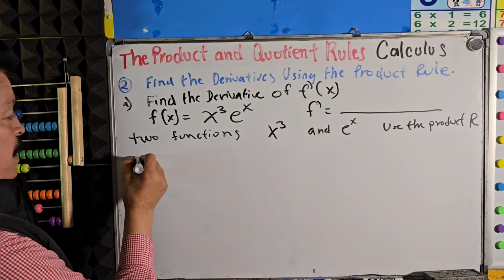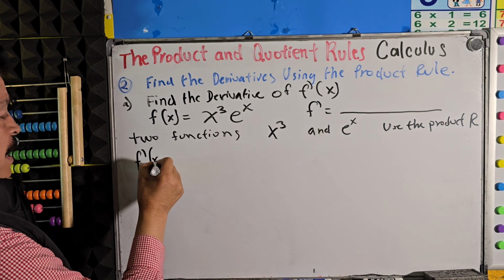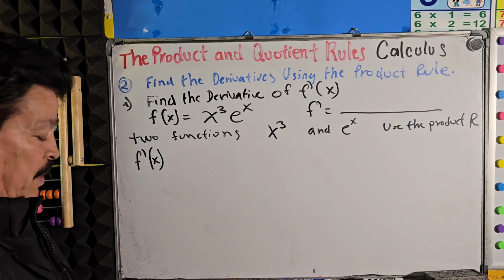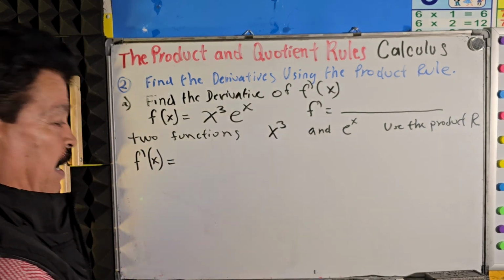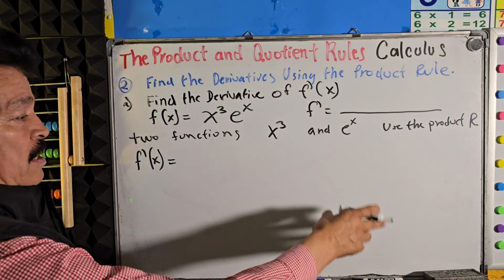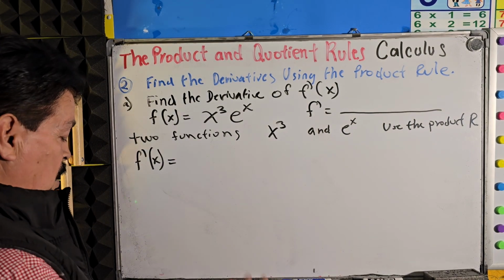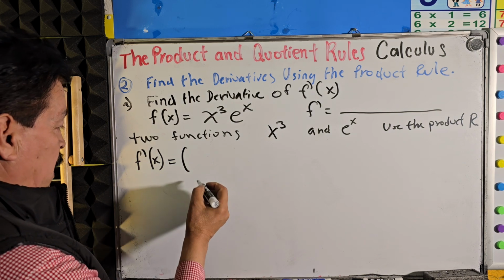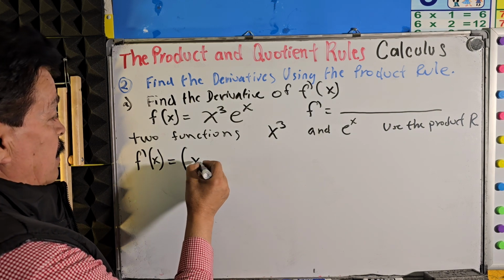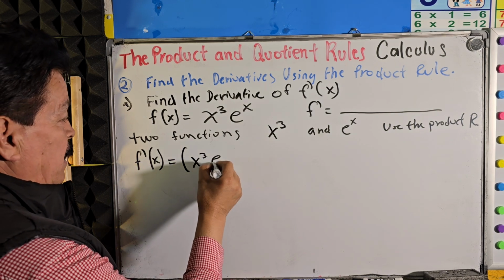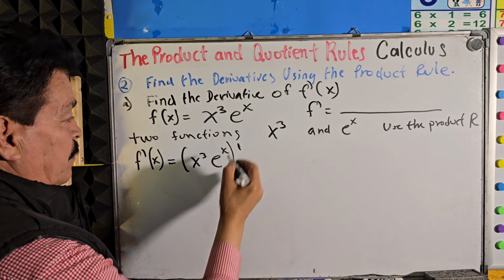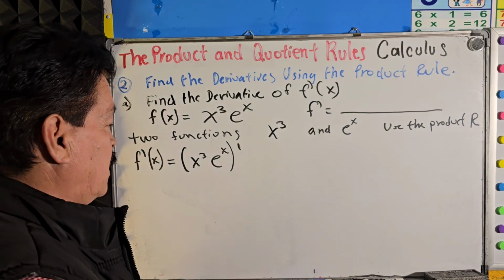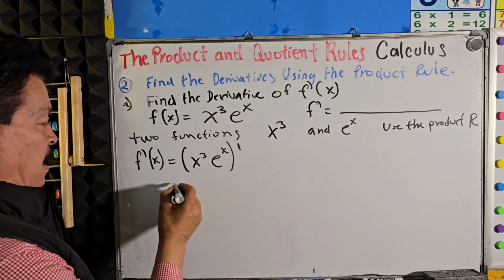So let's write f prime of x. We have to use the product rule in our problem. So equals, remember the little table that I wrote for you, we have to remember that. So we have here x to the third power e to the x power. So this is the first step.